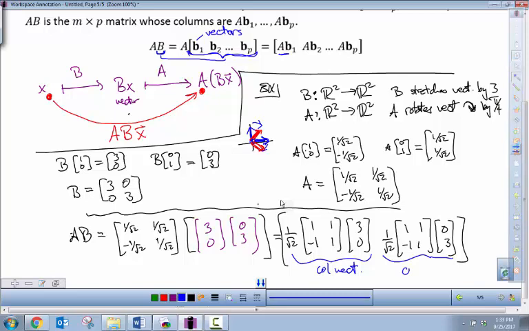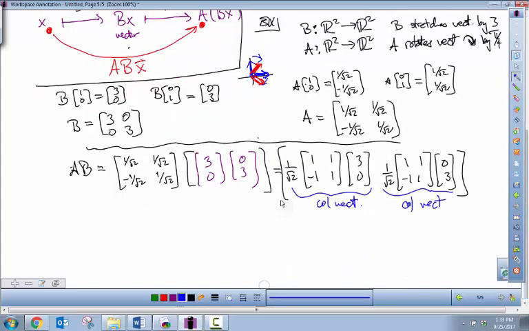This is another column vector that we're going to get. So the idea is that with this matrix multiplication, we know how to apply a matrix to a vector, or a vector to a matrix. We know how to do this.